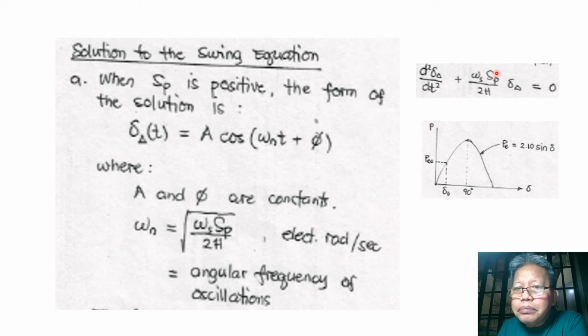Now if delta delta is not equal to 0, then the factor that we have here, containing this D squared plus this, must be equal to 0. But using the differential operator D has no meaning when we equate this to 0.